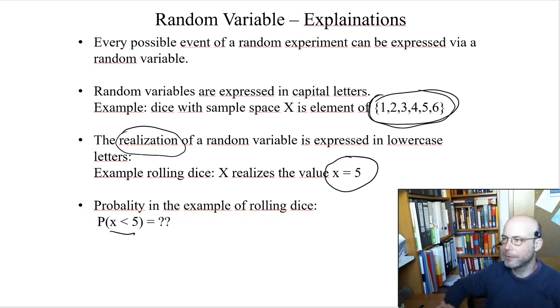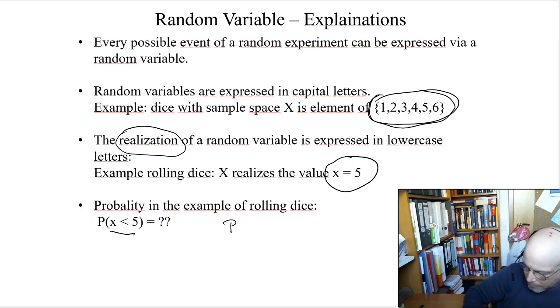Yes, of course, you're right. So we have the events P of X equals 4, P of X equals 3, P of X equals 2, P of X equals 1.